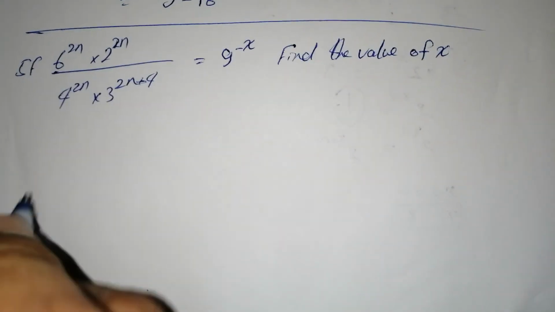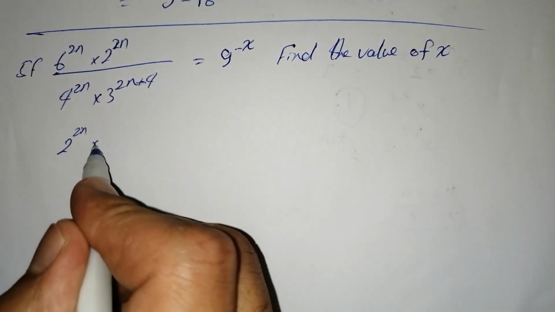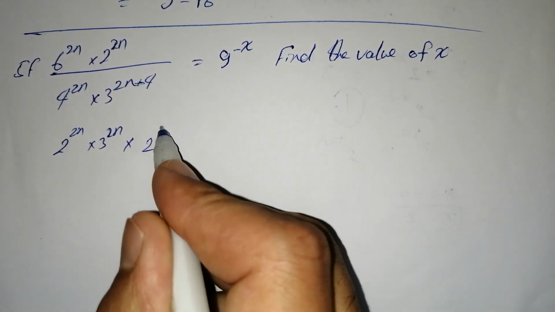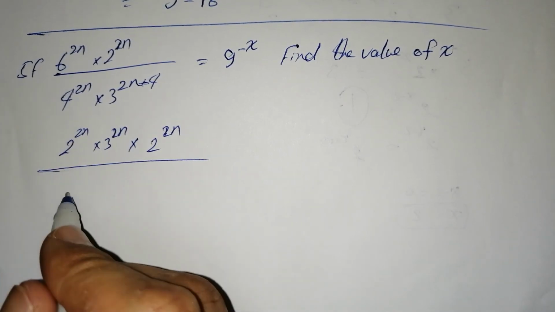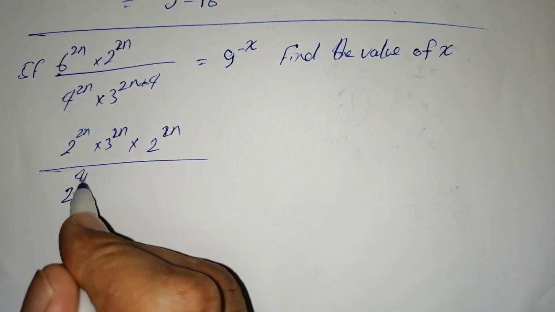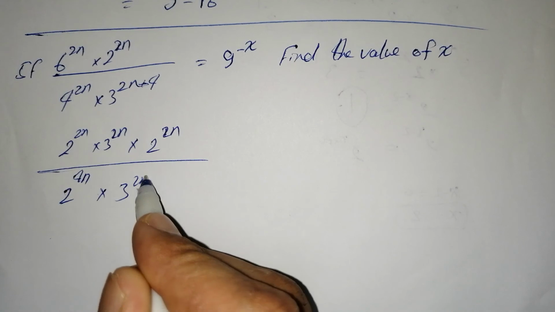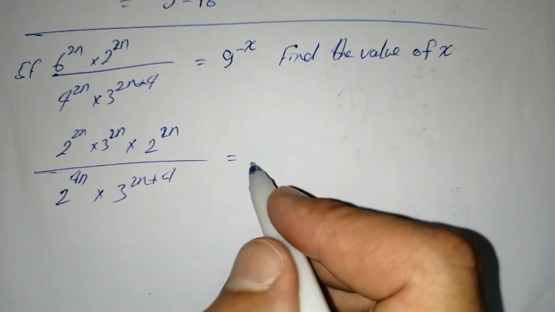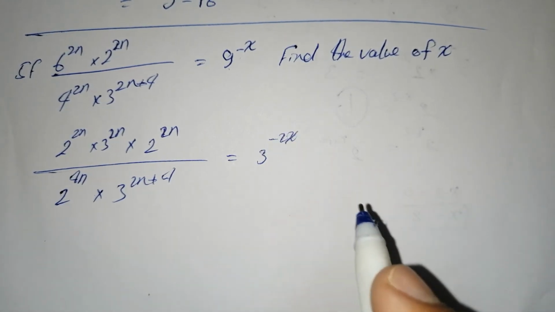We have 6. 6 can be written as 2 by 3, and then we have 2 power 2n by 3 power 2n by 2 power 2n, and then in the denominator we have also 4, which can be written as 2 power 2, yes, 2 power 2, 2 by 2, which is equal 4n, and by 3 power 2n plus 4, and in the right hand side we can write 9 power negative x, which is 3 power negative 2x.